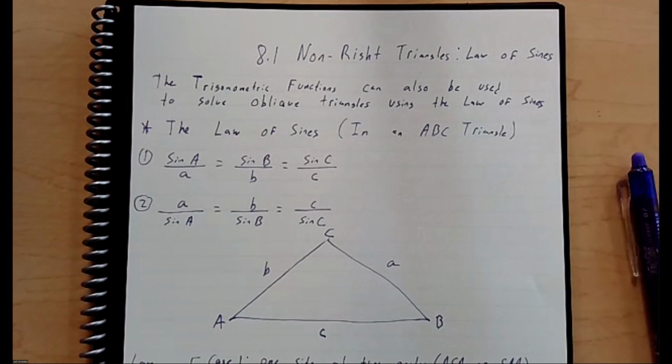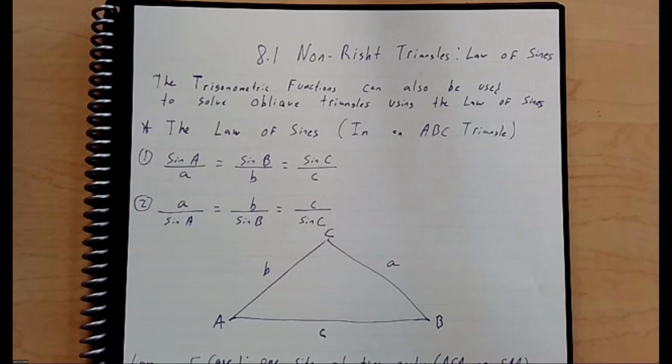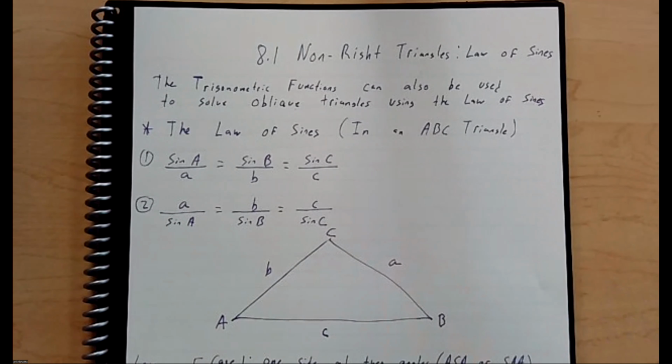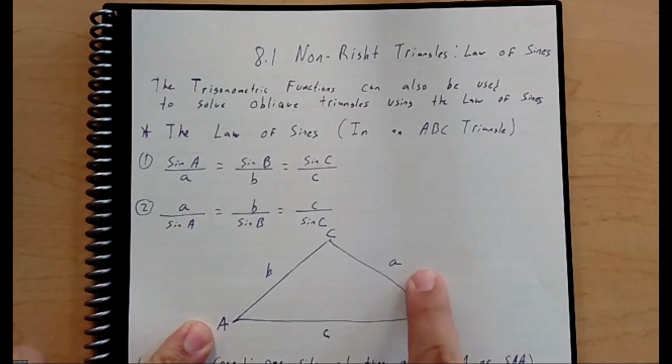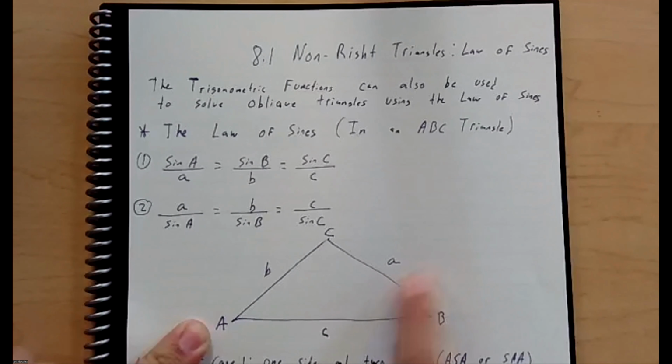Just remember these ratios assume this kind of setup. It does not matter where the angles go, but once the angles are chosen, what's opposite to those angles has to be the lowercase letter. So if you put capital A here, lowercase a has to be there.